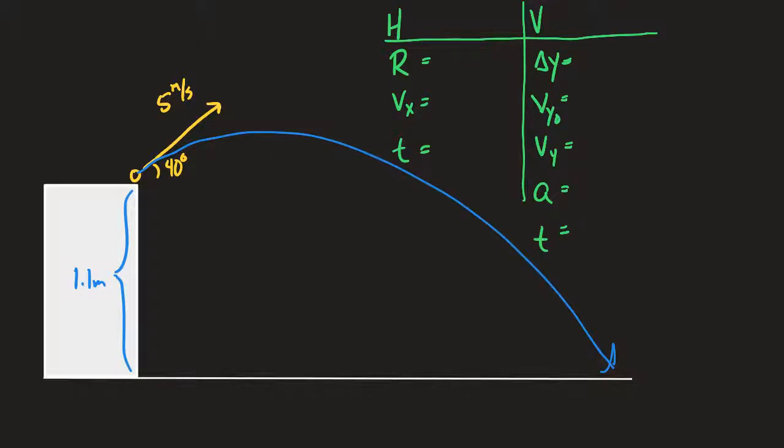First, the object is going to land 1.1 meters below where it starts. It's going to be launched upwards with a velocity of 5 sine 40, which is 3.21 meters per second.